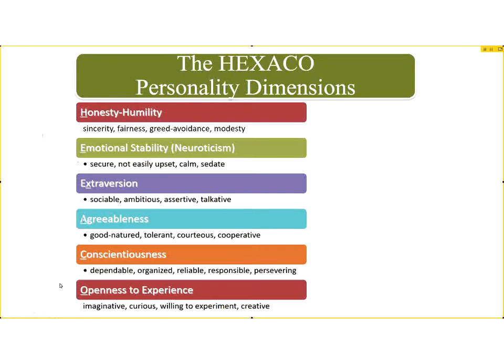The assignment that you will do on this will have you measure yourself on these particular dimensions, and then you will figure out if you're in the normal range or if you're high or low in these particular dimensions. You'll read a journal article that applies personality to the workplace, and then you'll talk about how that could be related to your job.